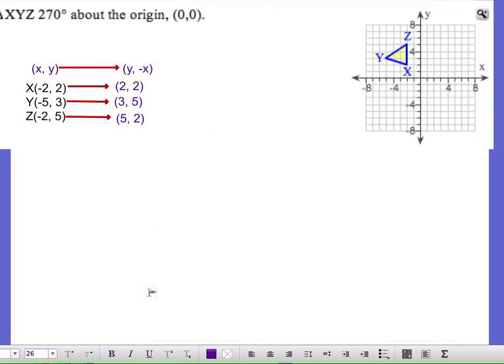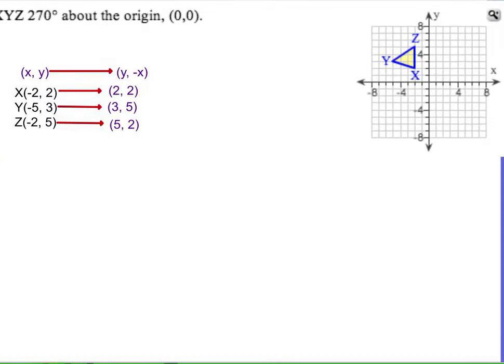Now we're going to graph these coordinates just to make sure that we are right. So X becomes 2, 2. Y becomes 3, 5. And Z becomes 5, 2.